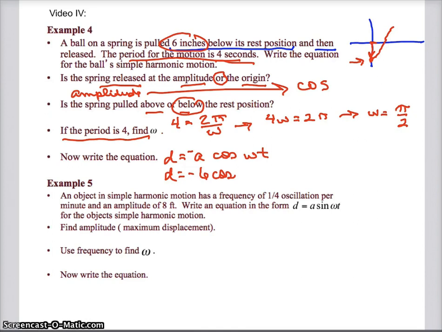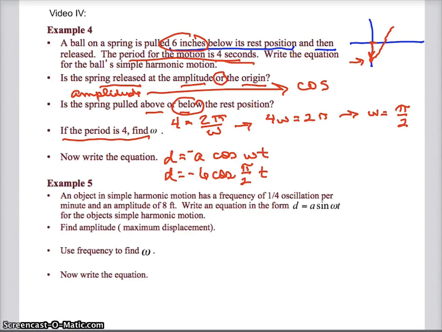So our equation is -6 cosine of pi over 2 times t. And the importance of having this equation is now we can answer some other questions. We can find out the distance or displacement at specific times. For example, if we wanted to know the displacement at time equals 4.3 seconds, we can plug 4.3 into t and solve for that displacement.